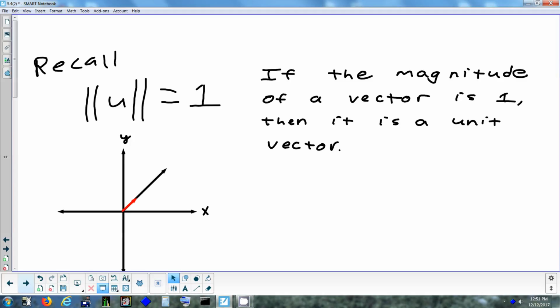What if I had a vector that was 10 units long? What could I scale it by to turn it into 1 unit long? 1/10. So the idea is you find the length of your vector and you scale it by the reciprocal. If it's 10 units long, multiply by 1/10 and it'll shorten it to 1. If it's 6 units long, multiply it by 1/6 and that would turn it into 1.